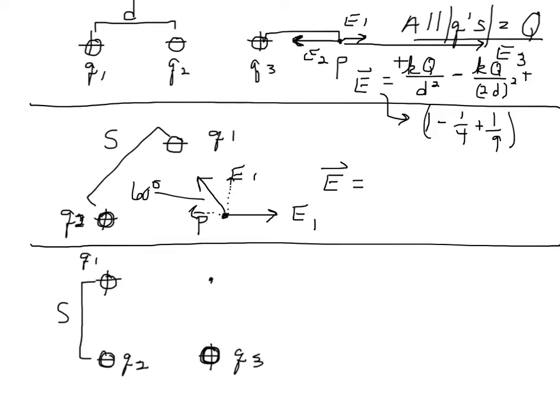We have in the I-hat direction, K Q, remember all the charges are magnitude of Q, over our distance S, S squared. In the I-hat direction, that's E1, it's all x component. Subtracted from that, whoops, did I mislabel? Yes, I did. This is actually E2, my mistake.